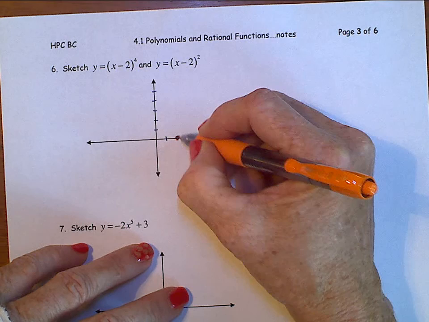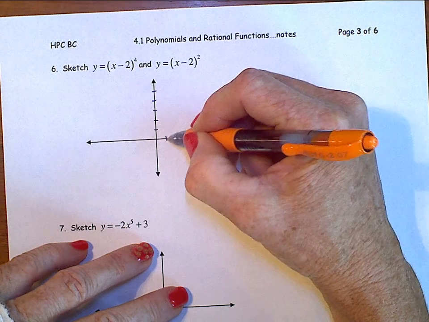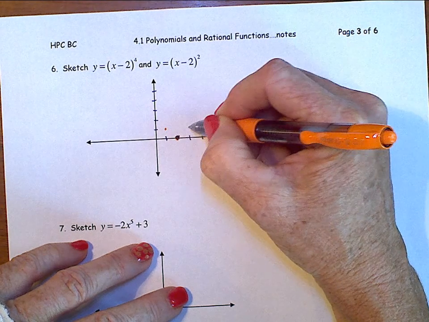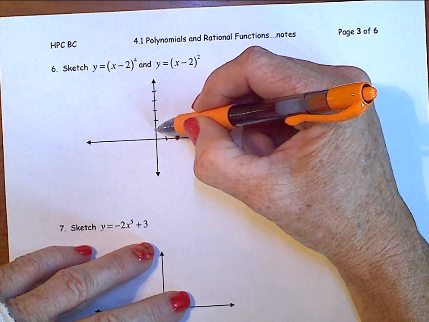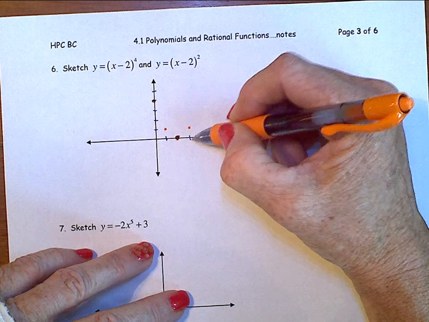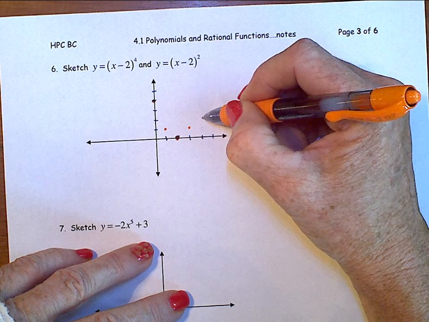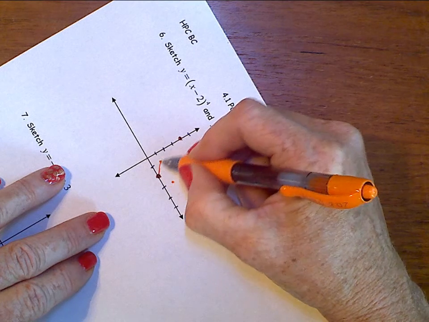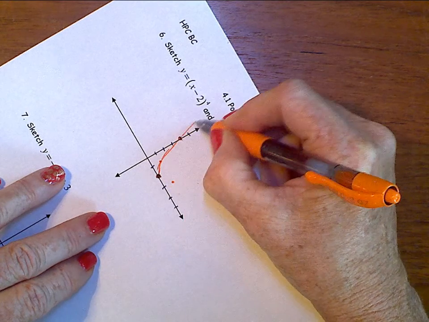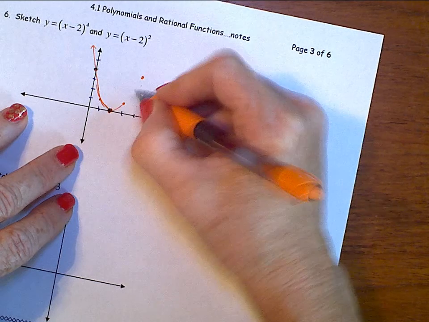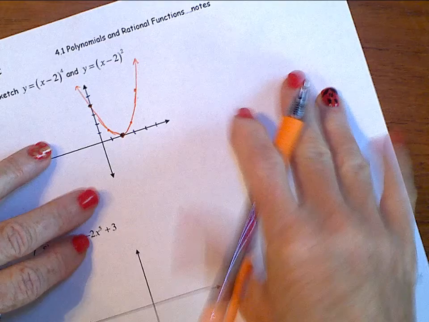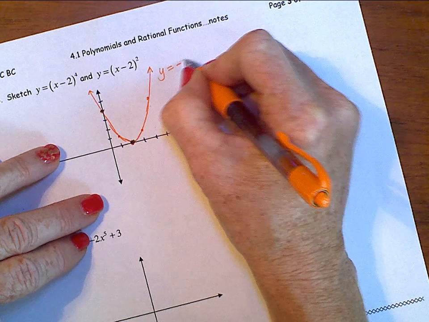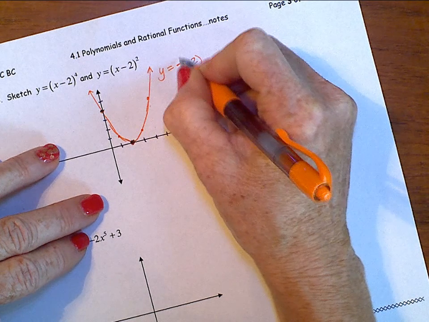We also know that 1 unit to the right and left, we're going to get 1. And 2 units, we would hit a 4. That's y equals x minus 2 quantity squared.